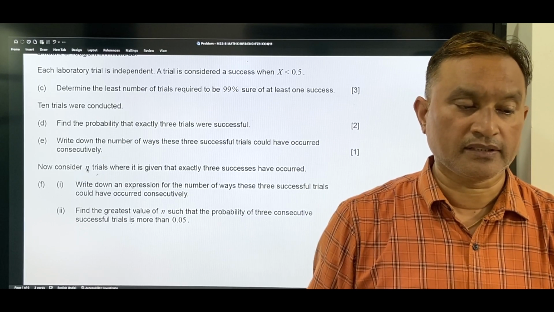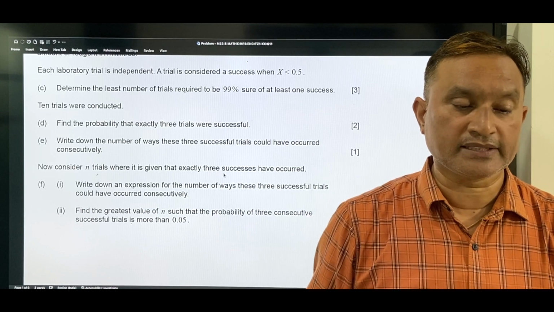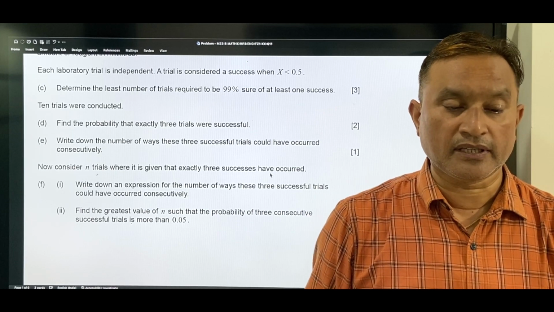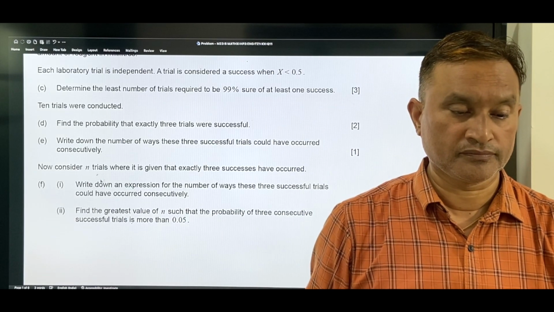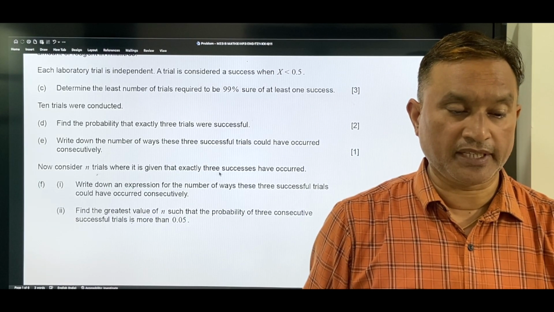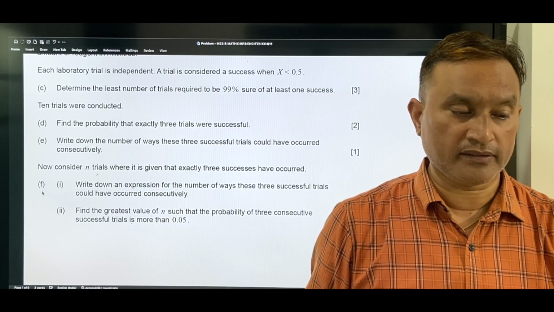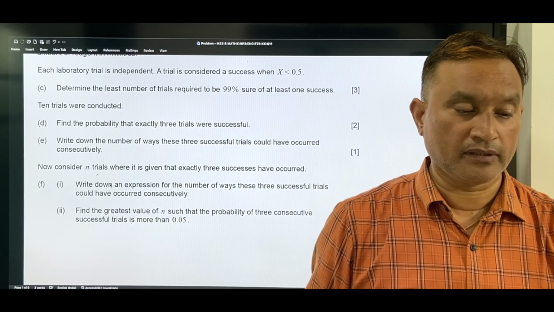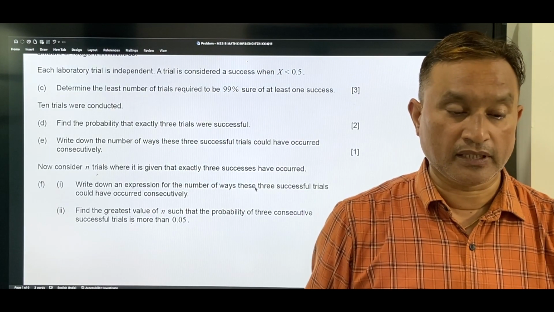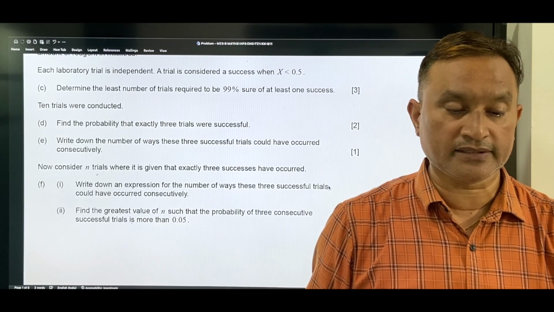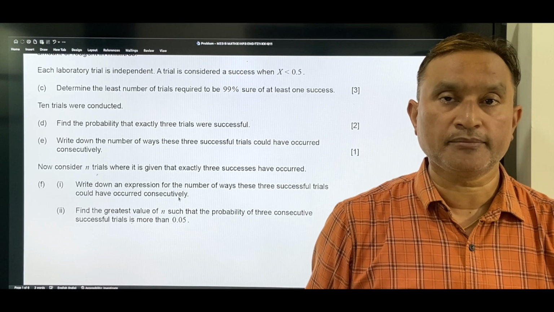Now consider n trials where it is given that exactly 3 successes have occurred. F part 1, write down an expression for the number of ways these 3 successful trials could have occurred consecutively.